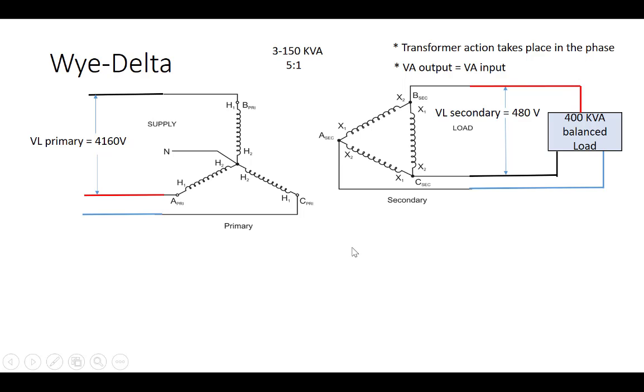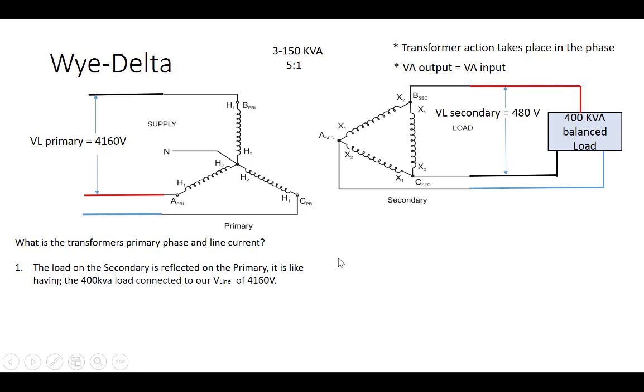And we can find some currents and voltages for this system if we like. What is the primary phase and line current? Again, whatever load we connect on the secondary is reflected on the primary. Whenever we say the secondary has a load of 400 kVA, because primary VA equals secondary VA, the primary will reflect a load of 400 kVA as well.